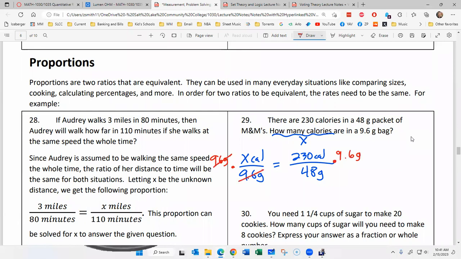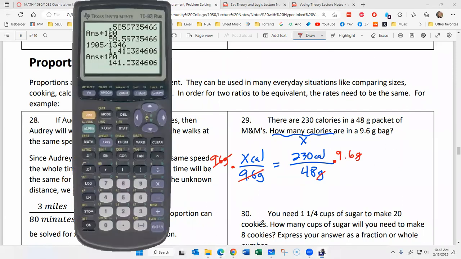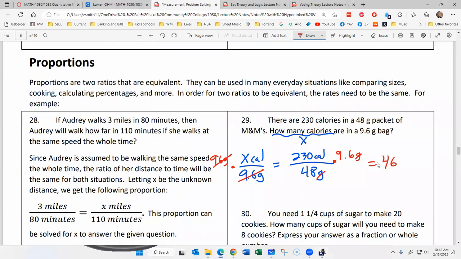And we have X calories equal. On the right side, the grams reduce. And so we'll get calories, which is what we want. And then it's just a matter of multiplying the 9.6, it's on top, and dividing by the 48 because it's on bottom, 46. Simple ratio, equivalent ratio, so a simple proportion.